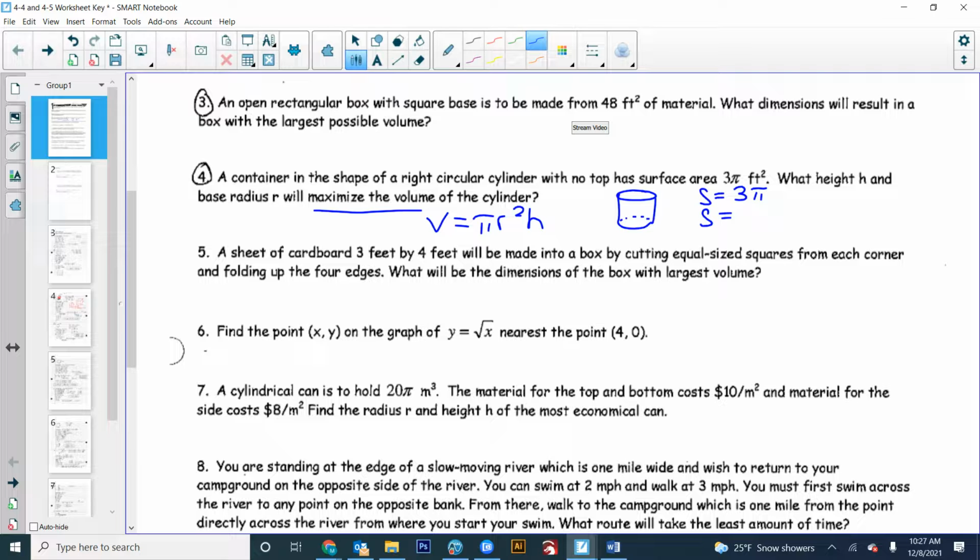But this time we only have pi r squared plus 2 pi rh. And we're told that the surface area is 3 pi. We just restricted the problem. What variable is easier to solve for in that problem, r or h? H. We subtract pi r squared, we divide by 2 pi r.